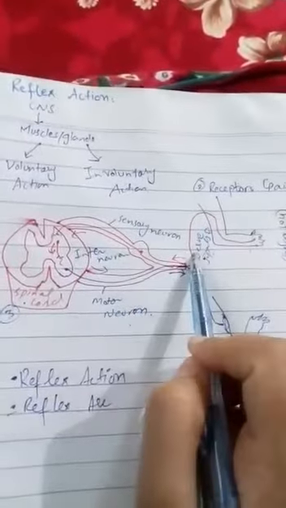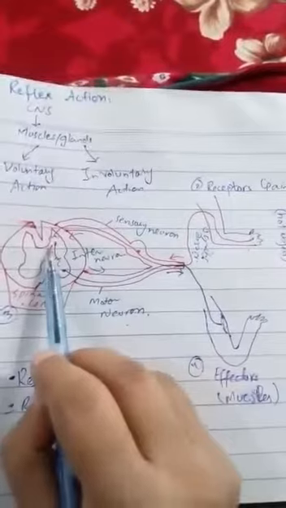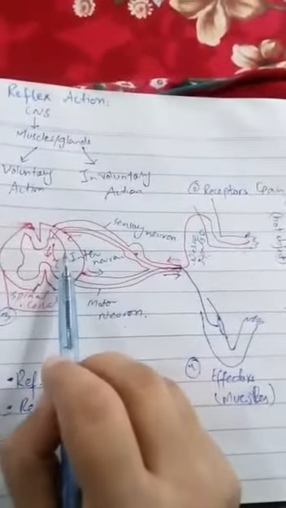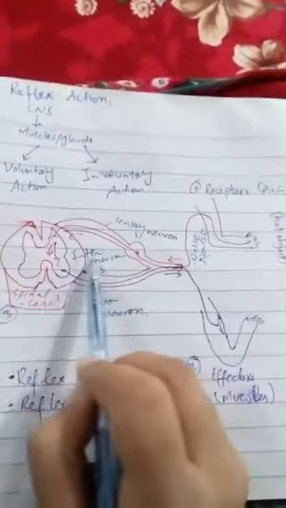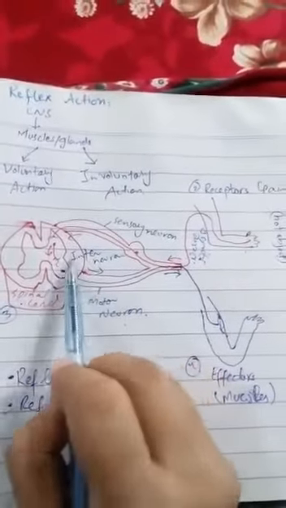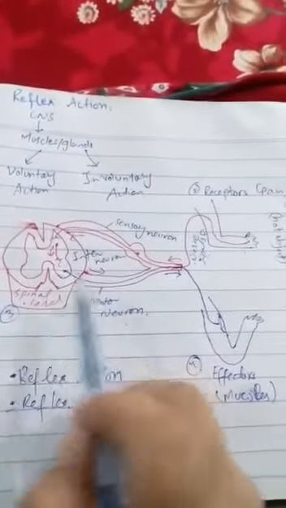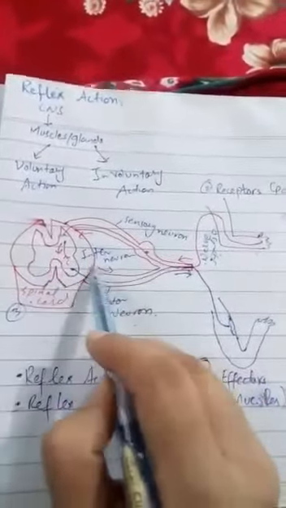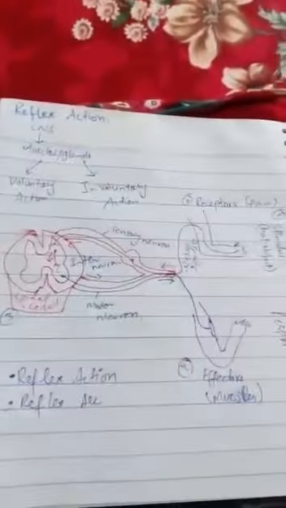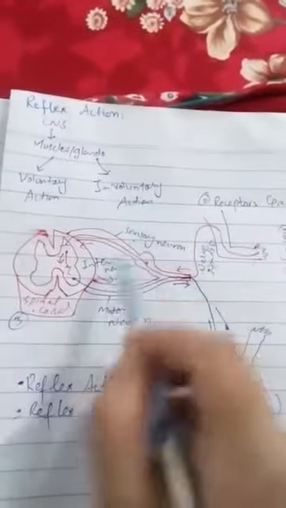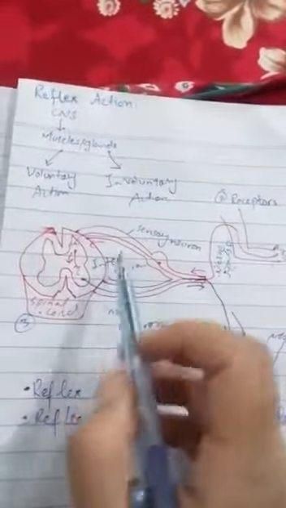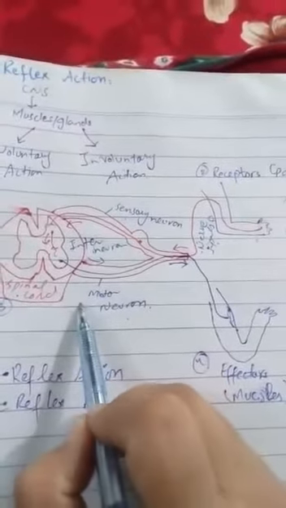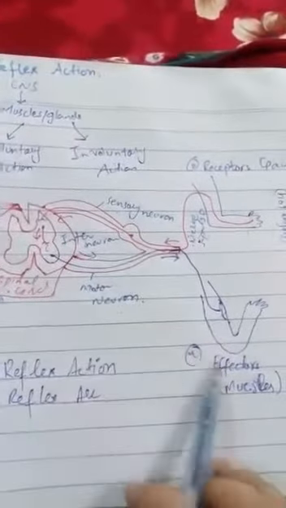When this nerve impulse moves towards the spinal cord, the interneurons receive the nerve impulse, then these interneurons move the nerve impulse towards the motor neurons, and here the spinal cord acts as the coordinator. The basic component, the interneuron, acts as a coordinator, where the sensory neurons give a message to the interneurons, and then interneurons give a message to the motor neurons, and these motor neurons pass it towards the effectors.